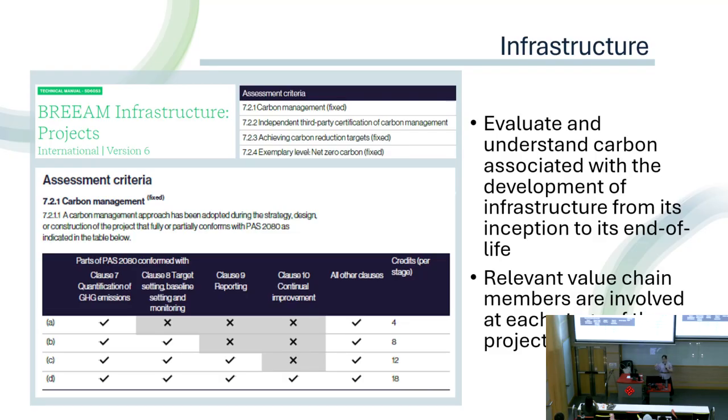For example, did we conform with a particular clause? Did we look at how to quantify greenhouse gases? Or did we actually go further, for example, look at reporting and how to continually improve with the development, how we integrate the various carbon aspects into our infrastructure construction and operation, and whether or not the different stakeholders have been involved in this decision.